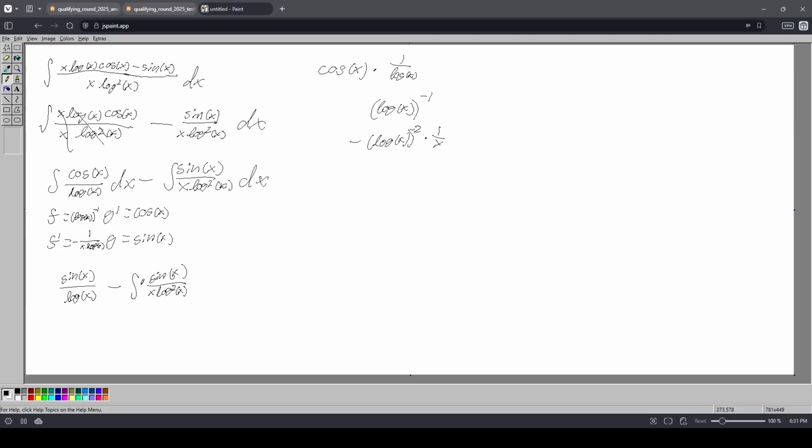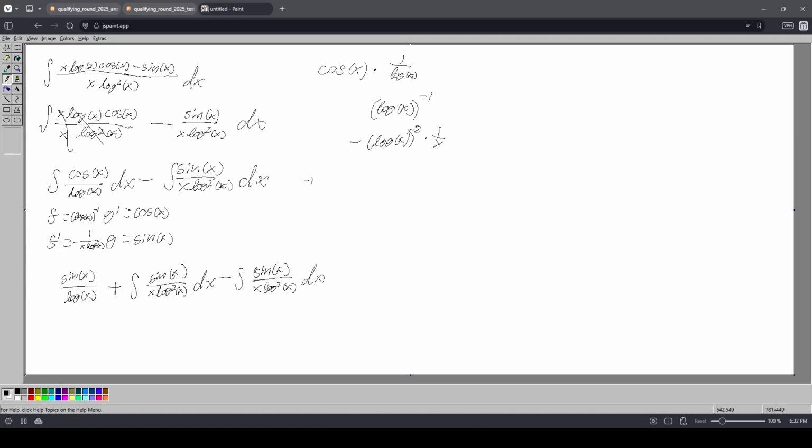This is negative, so we'd have a negative here, but because a negative is just negative 1, that's a constant, we can put it out front and just say it's plus instead. And then we still have this to deal with. So we bring it down, because it's still part of our equation, minus sine of x over x log squared of x dx.